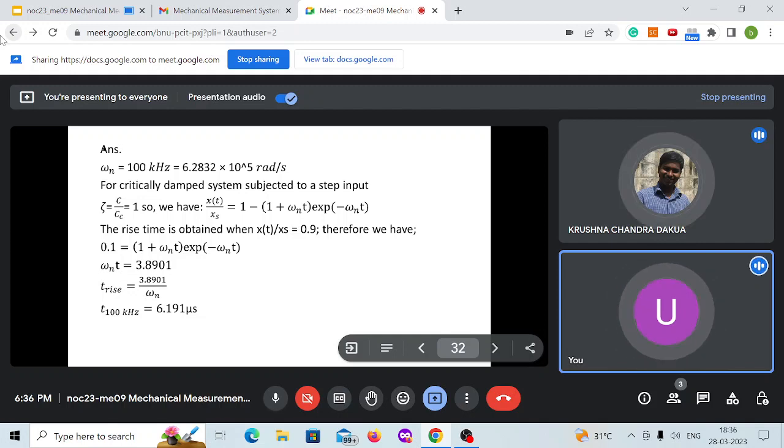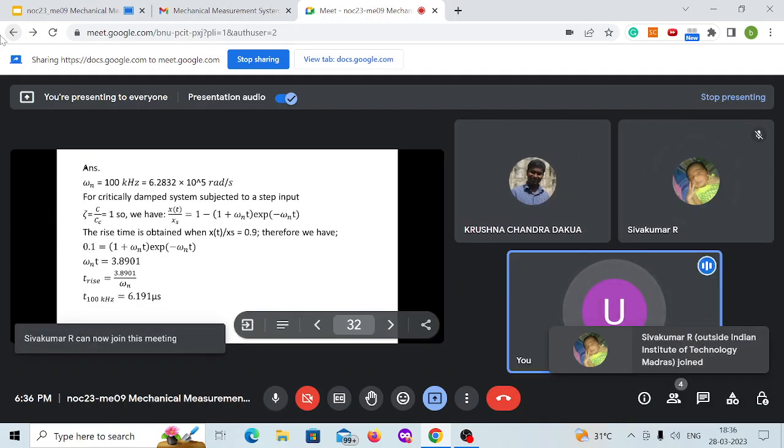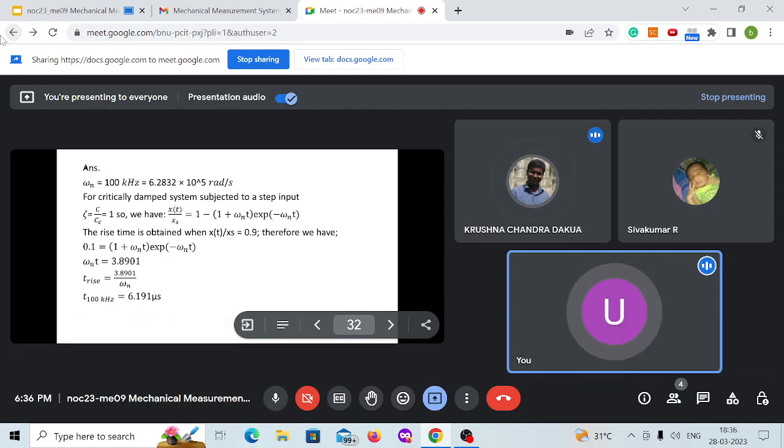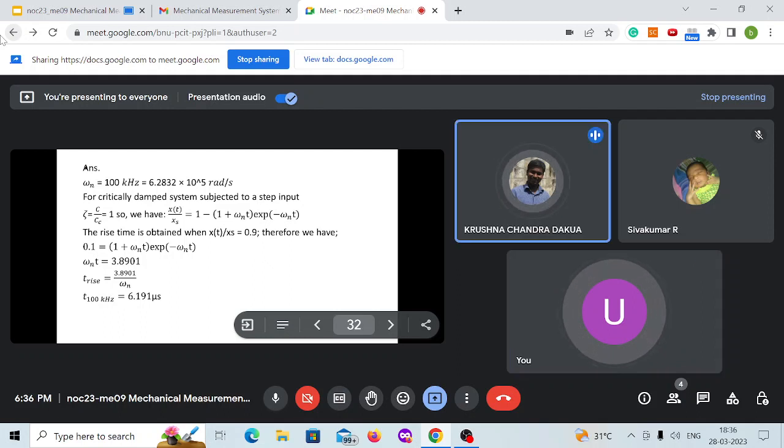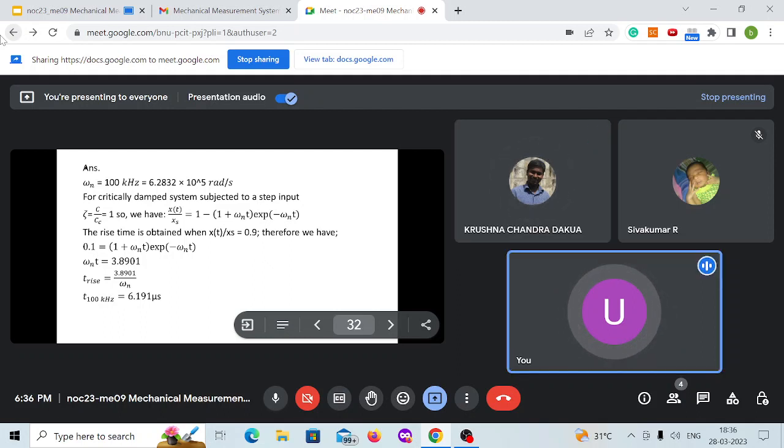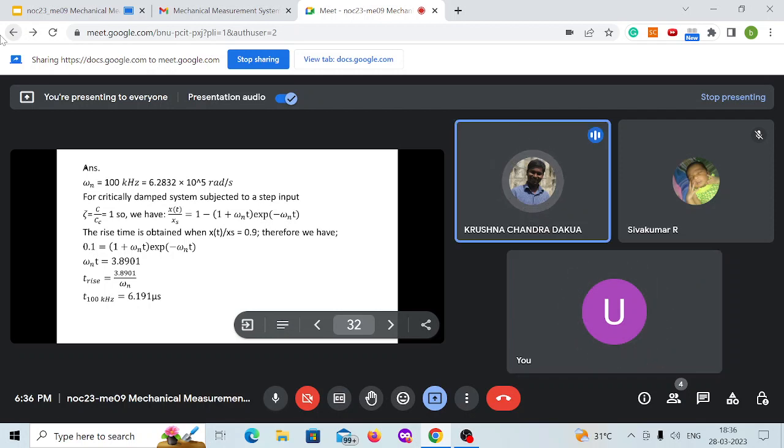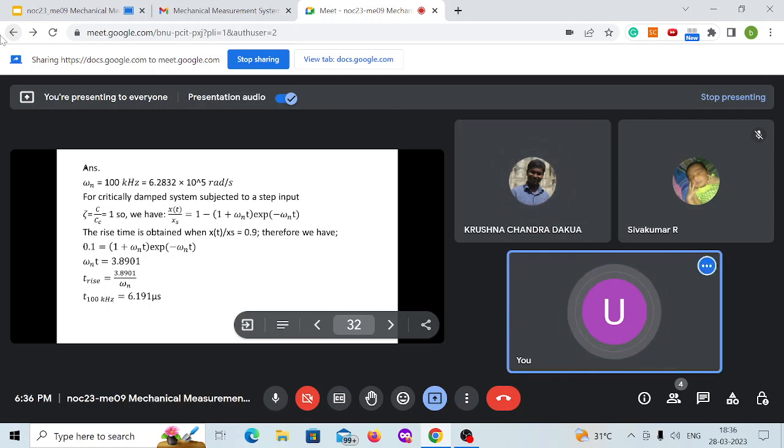Or else you can get this equation from the generalized equation: if you know the second order system, you can solve the differential equation and get the equation. That is also one way, and I think an easier way. Or else you have to remember the equations.